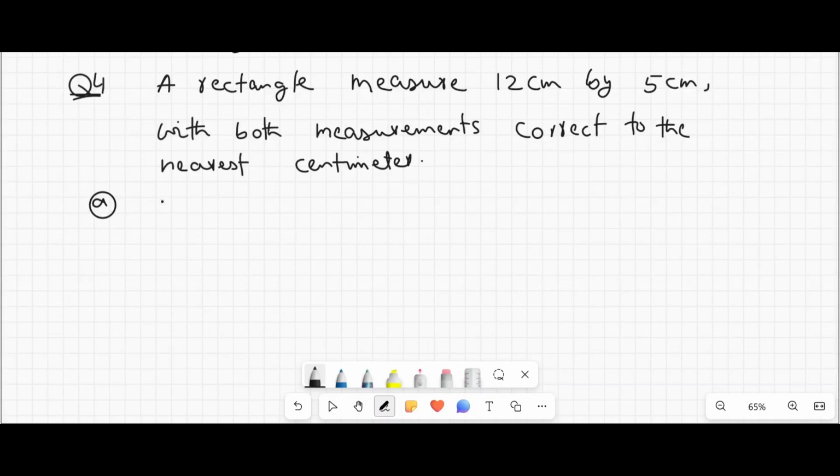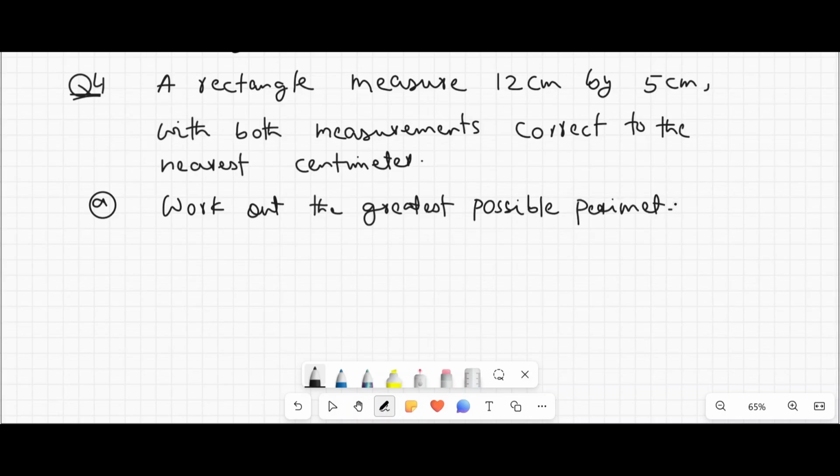Part A: work out the greatest possible perimeter of the rectangle.